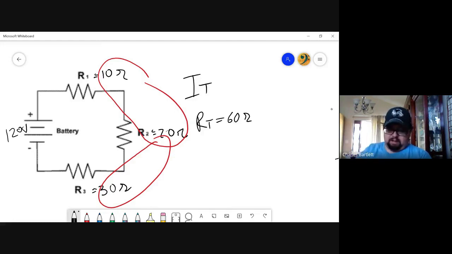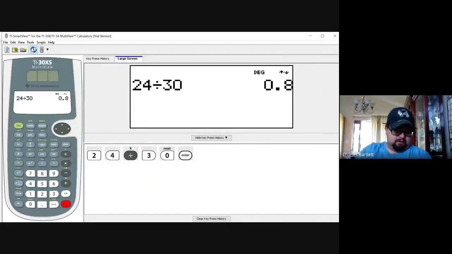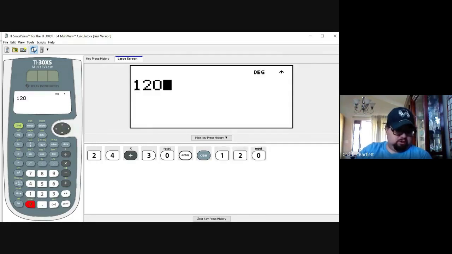And then we would do our math: 120 divided by 60, which is what? I'm going to come over to the calculator again, because even though it's easy math, it should show you how to plug it into the calculator.